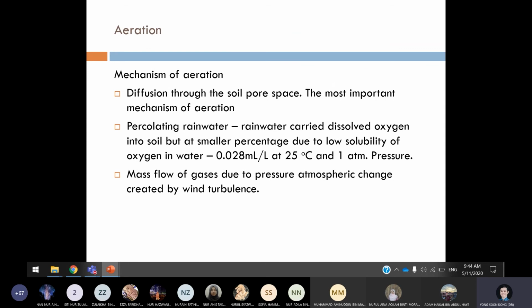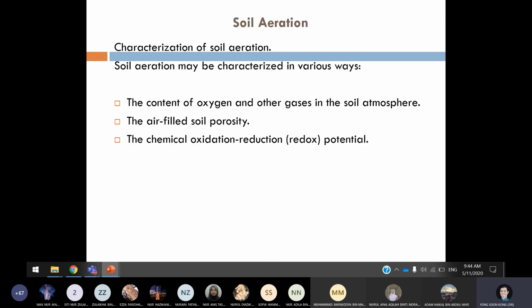Like I said to you, aeration is important because we need air inside to sustain life. Organisms need to survive, and what more? To allow the roots of the plant to conduct respiration during nighttime. And I think we are nearing the end of our lecture.